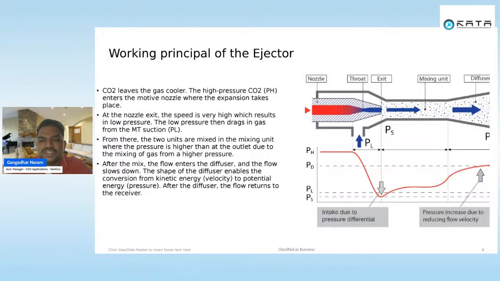When the pressure drops, all the gas mixes up here and exits through the diffuser. In the diffuser cone, the area increases, so the velocity is reduced and the pressure increases to some intermediate pressure. That is the working principle of the ejector.